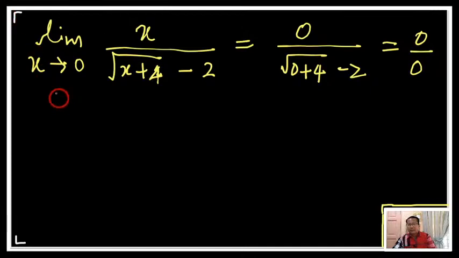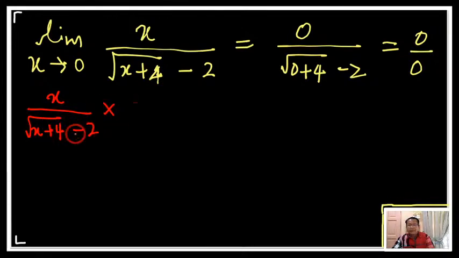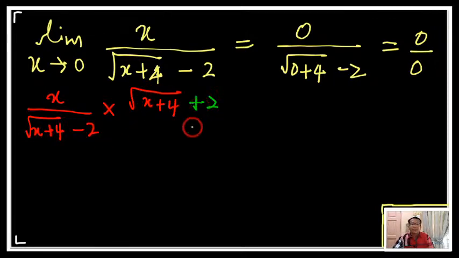So, in here, let's solve this one first, and then we add the limit sign. x over square root of x plus 4 minus 2 times, now the conjugate is square root of x plus 4 plus 2. That's the difference. Minus becomes plus. Actually, you can have minus here and this one minus, but usually we just put this one here. So plus 2.